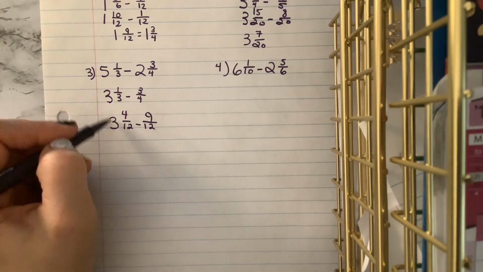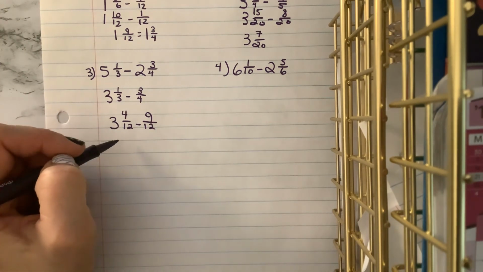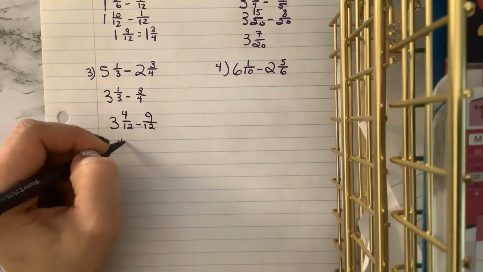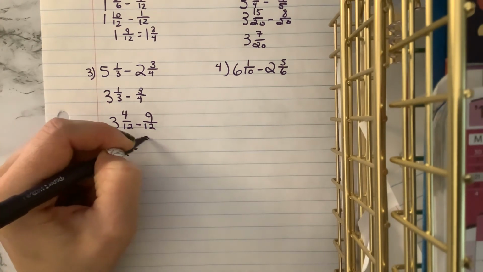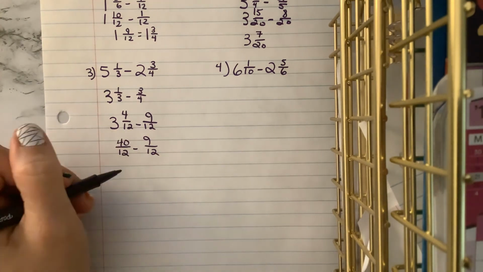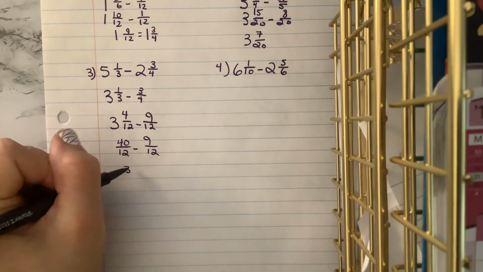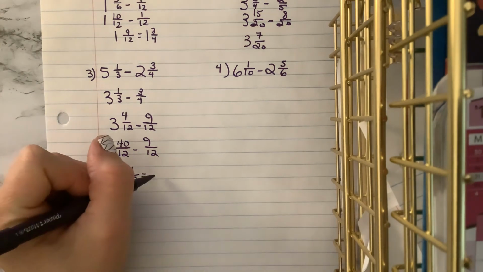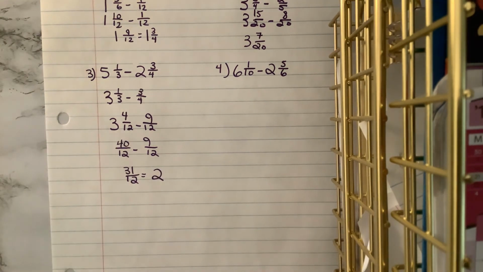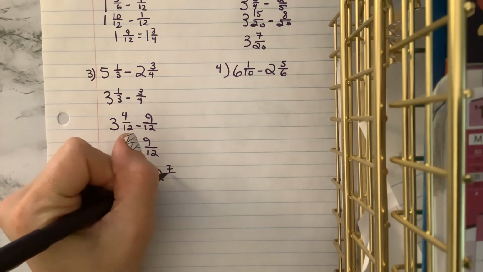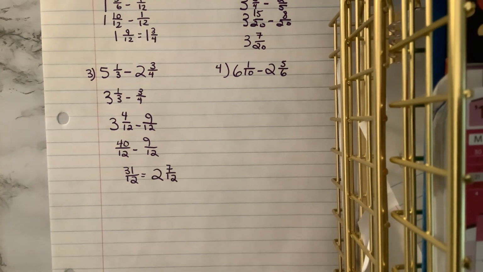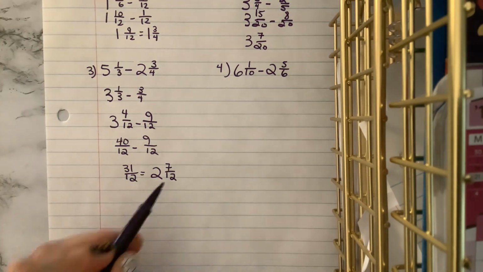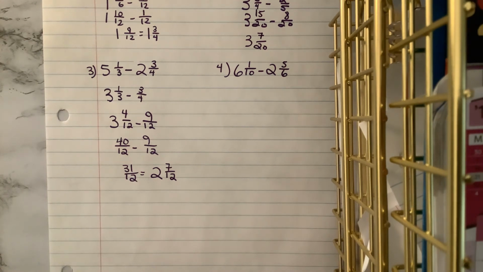Okay, so if we make it improper, 3 times 12 is 36, plus 4 is 40. 40/12 minus 9/12. We do our subtraction and get 31/12. And then when we make that proper, we should get 2 7/12. So we've made it proper. We check if we can simplify it, and we cannot. So our answer here is 2 7/12.